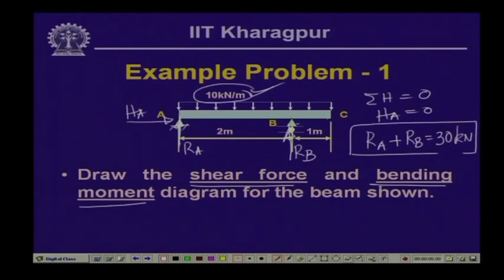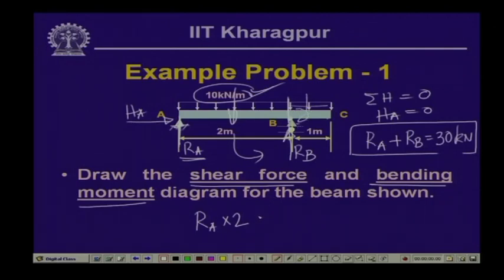And now, if we take the moment of all the forces with respect to B, then we can get the value of the reactive force R A. So, R A into 2 is a clockwise moment, and this part of the loading causes an anticlockwise moment, and this part of the loading causes a clockwise moment.